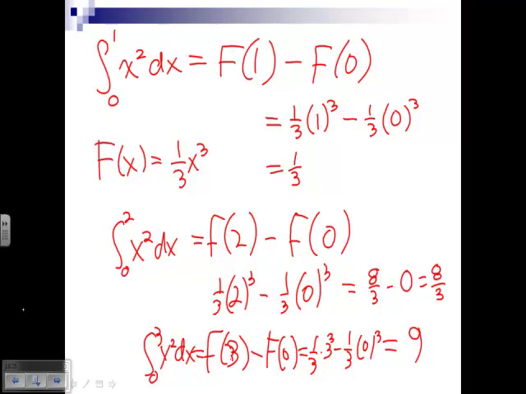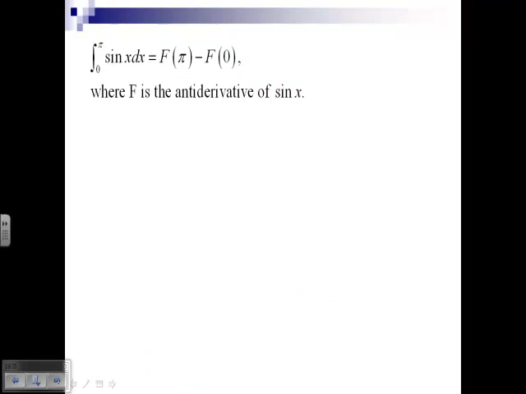Yes? Could we do this with a trigonometric function? How about the trigonometric function sine of x? Okay. What I want you to recognize is that we can find the value of that definite integral by saying, oh, it's going to be big F at pi minus big F at 0. And now what I need to know is, what's big F?